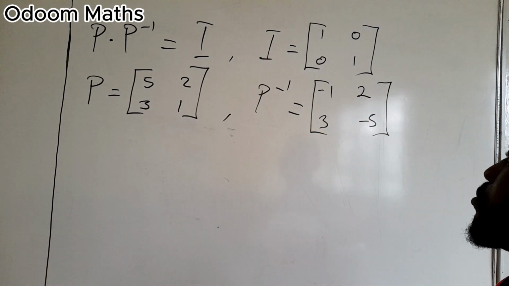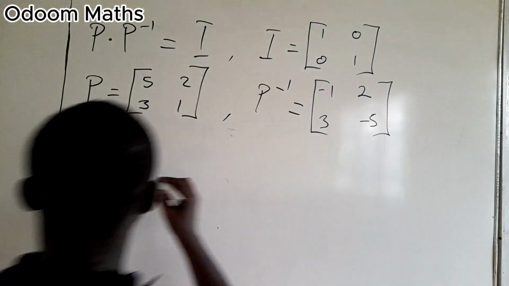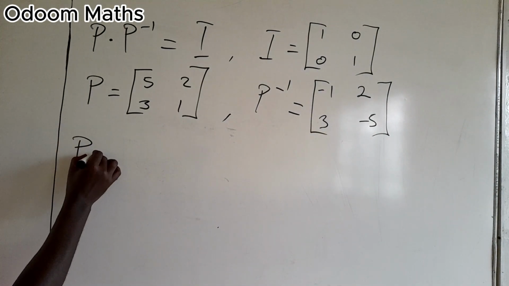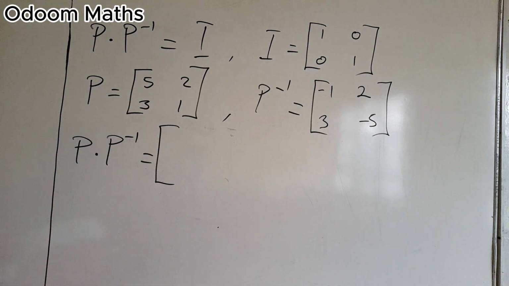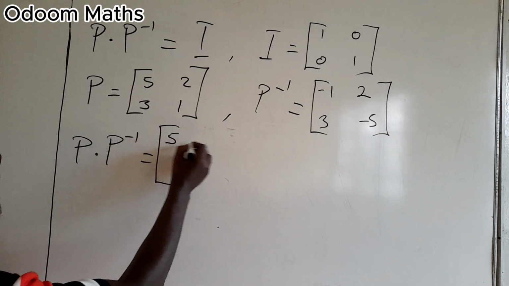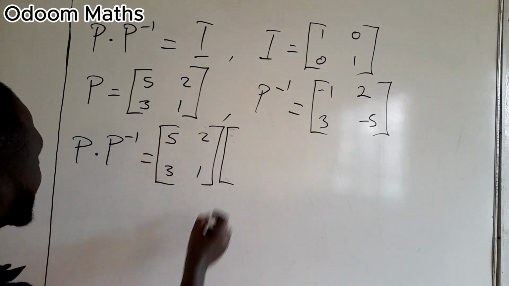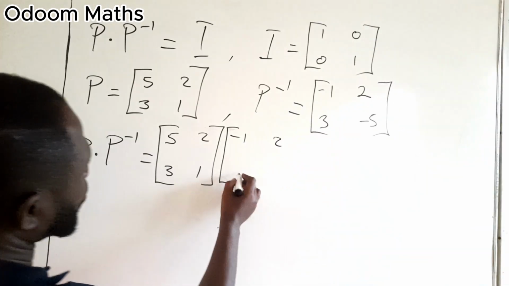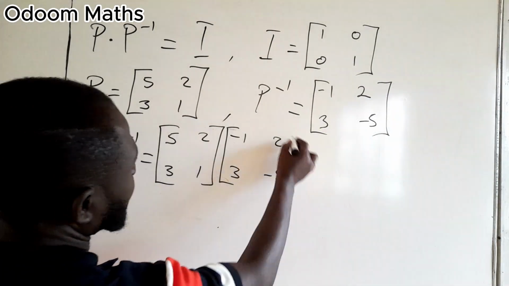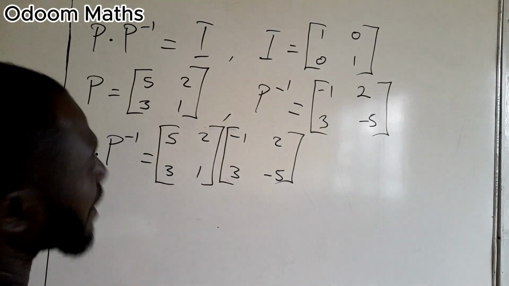We want to multiply the two to see whether we are going to get the I. Now, P times P inverse. The first matrix P is 5, 2, 3, 1, multiplied by its inverse, negative 1, 2, 3, negative 5. So we are multiplying this to see whether that is going to give us the I.